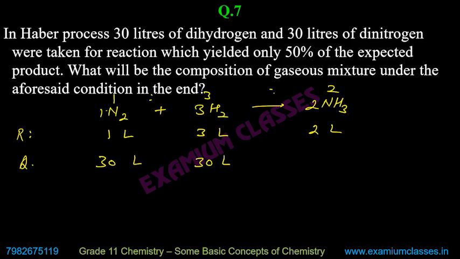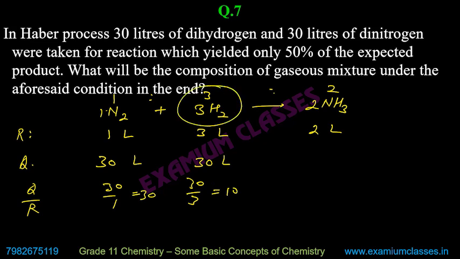H2 will be the limiting reagent. I will calculate Q by R: 30 by 1, 30 by 3 means 10. So hydrogen is the limiting reagent. If hydrogen is the limiting reagent, hydrogen will decide how much ammonia will be produced.